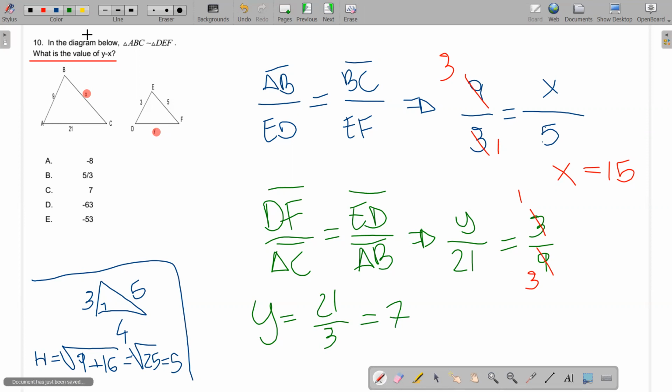Now the question is asking, what's y minus x? Y is 7. X is 15. 7 minus 15 is equal to -8. So my answer would be just A.